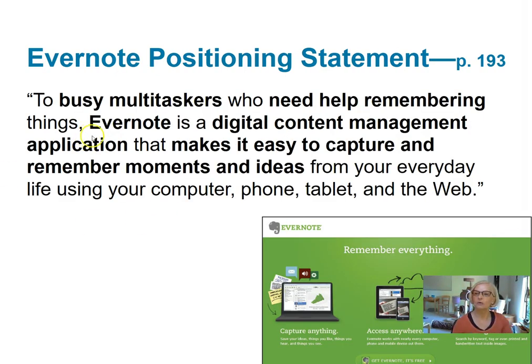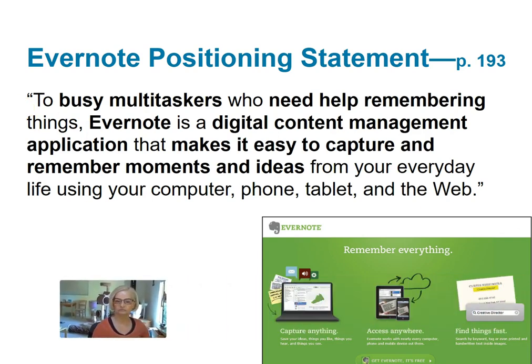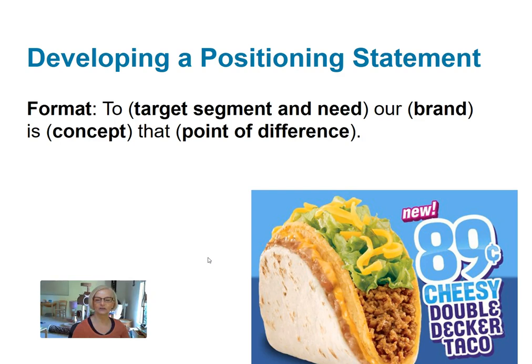So in our book on page 193, the example is the Evernote positioning statement. I hope you all have at least heard of Evernote. Okay, you got it? Whoops. Need to move me around there. And so what is Taco Bell doing to differentiate itself?